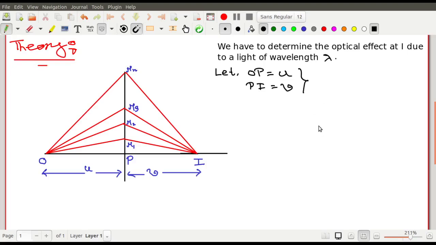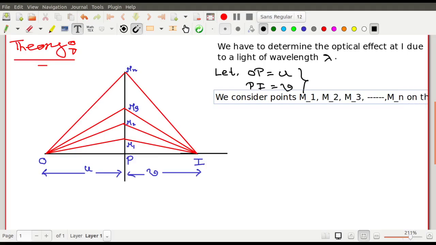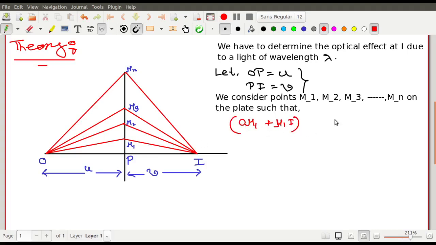We consider points M1, M2, M3, ..., Mn on the plate, on the plane, such that OM1 plus M1I, minus OP or OI.